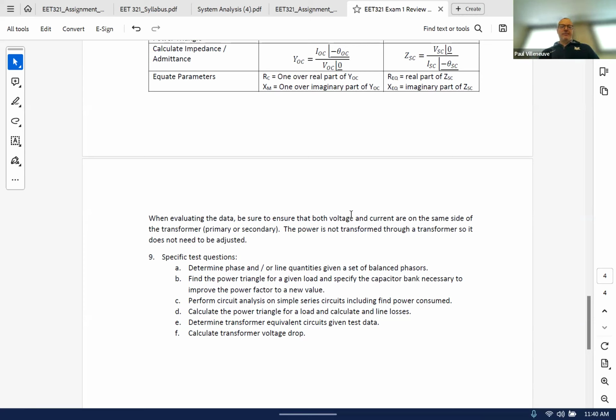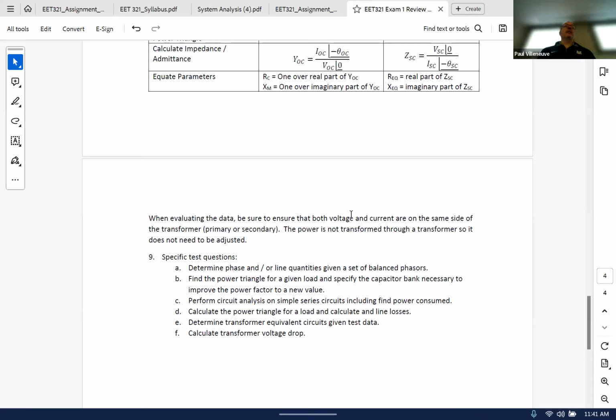And then here are specific test questions, what you really should focus on. It's in generalities. So 3-phase, right? Calculate some phase quantities or line quantities. Power triangles and power factor correction. If I give you a simple series circuit, you should be able to do AC circuit analysis.